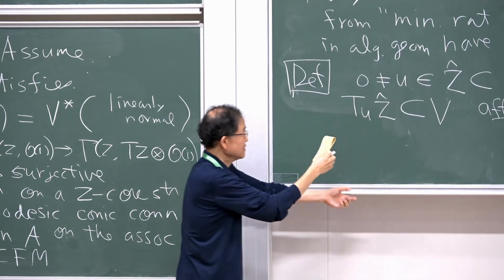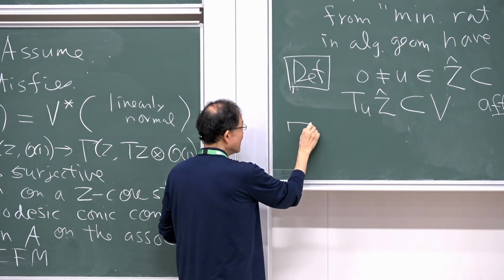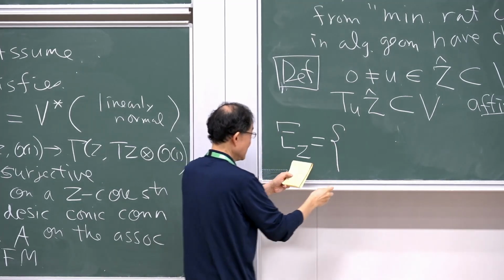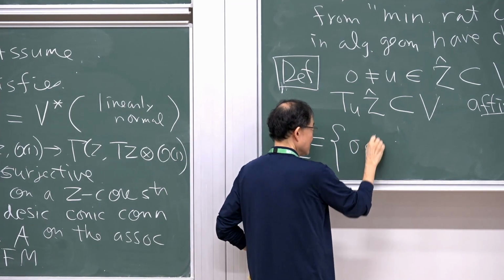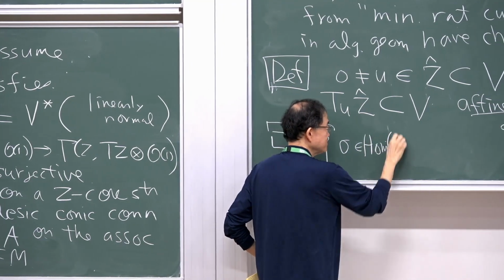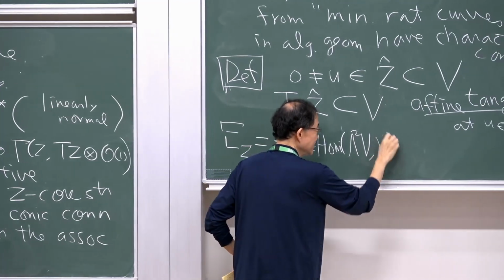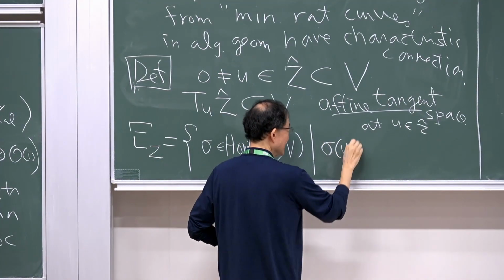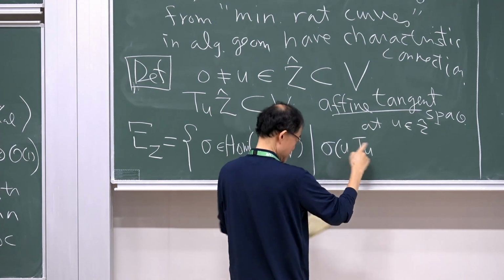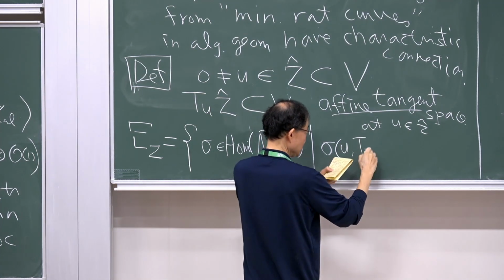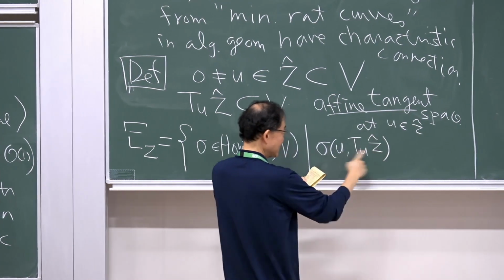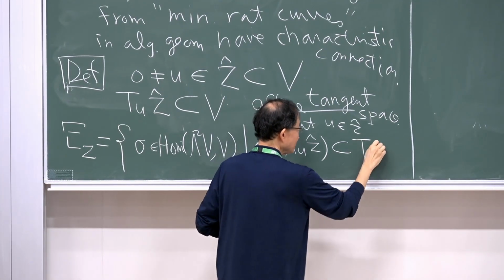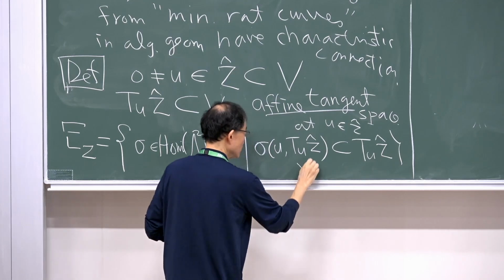Then I introduce the following chi z: the homomorphisms from V to V such that the pairing of the point with the affine tangent space lies inside the same vector space for all u.